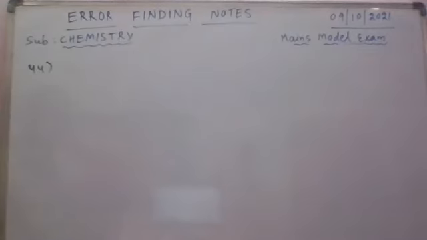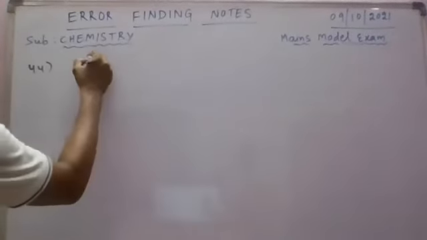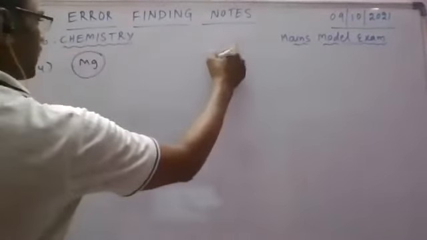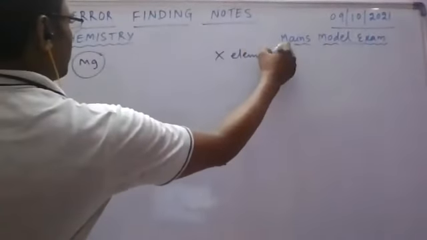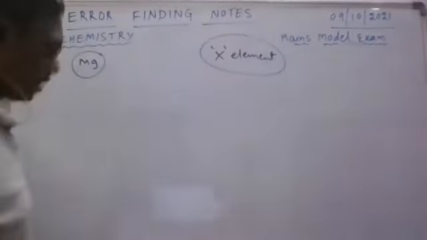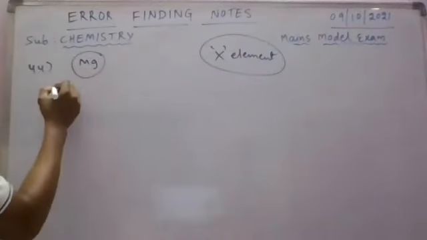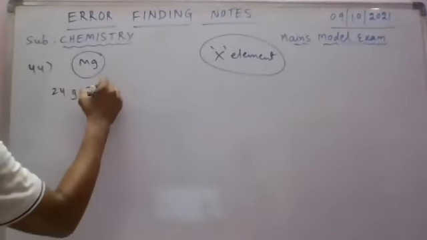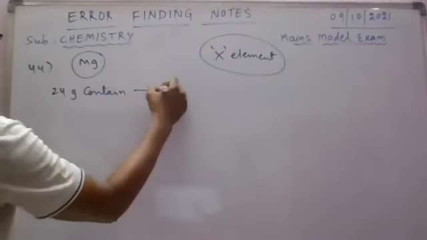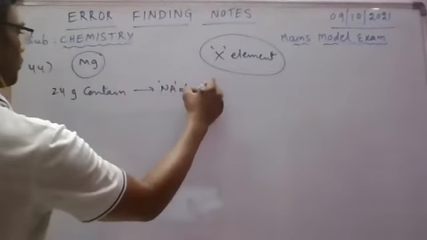Question number 44. Read the question. 48 grams of magnesium contain the same number of atoms as 160 grams of another element. Find the atomic mass of the element. So here magnesium is given, and some element X is given. For magnesium, we know that 24 grams contain Avogadro number of atoms.